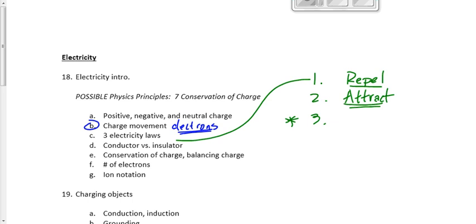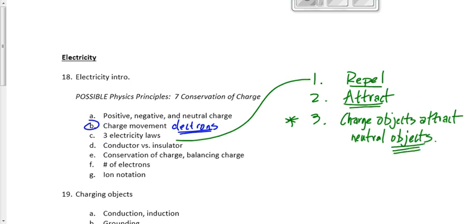This one could more or less be its own question. This third one says charged objects attract neutral objects. Now this word objects right here is really important. You're going to see why in a few minutes. Bottom line is charged objects don't attract neutral; charged objects attract neutral objects.